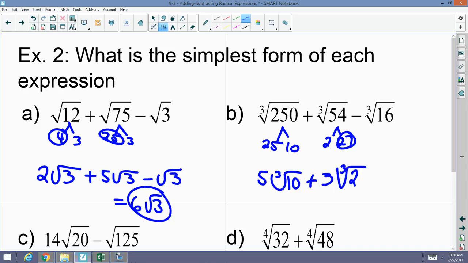Can't do much with that. And then minus, what's the cube root of 16? It's 8 times 2. So you take out a 2 with a cube root of 2 left over, because the cube root of 8 is 2.